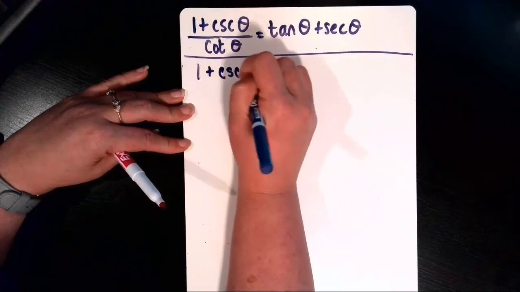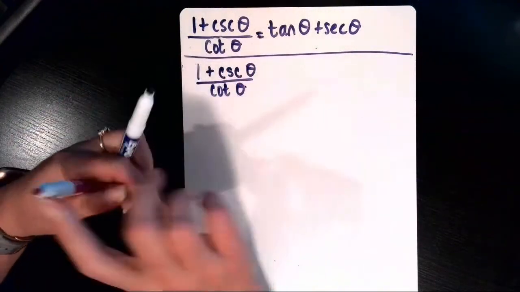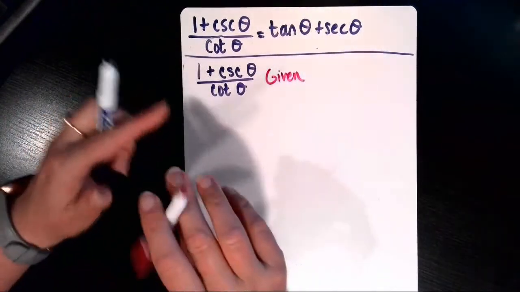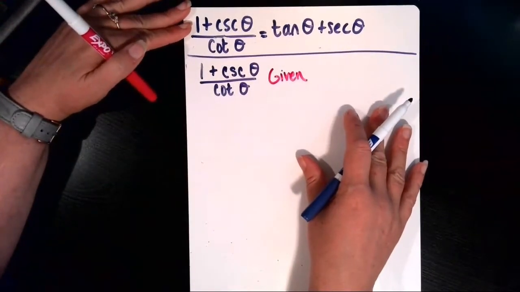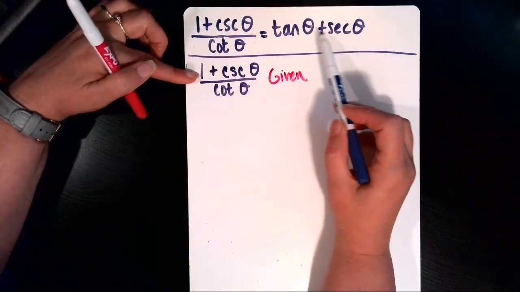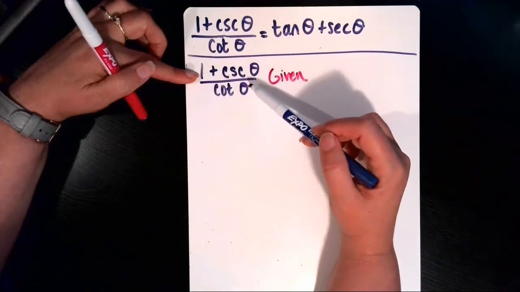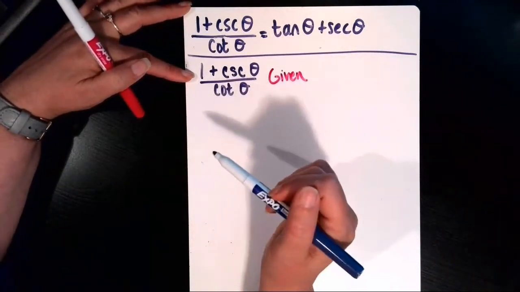So 1 plus cosecant of theta divided by cotangent of theta will be my given information. So now in order to try to end up with two separate trig functions here, I need to split this one fraction into two fractions, and my numerator is a binomial.